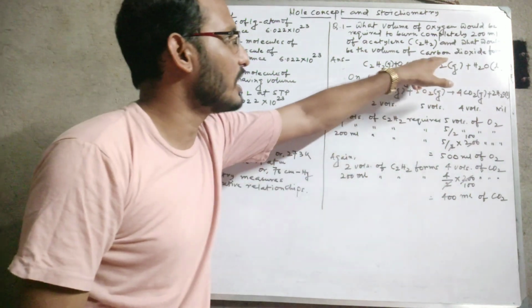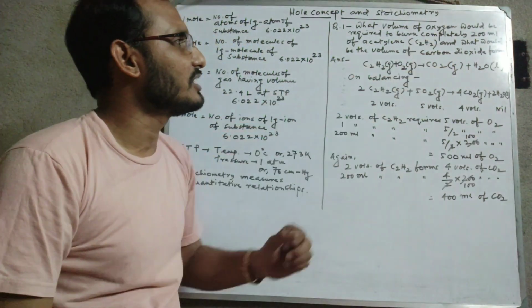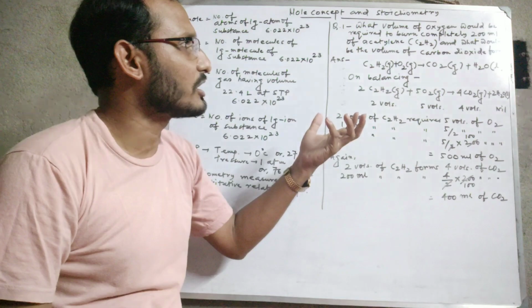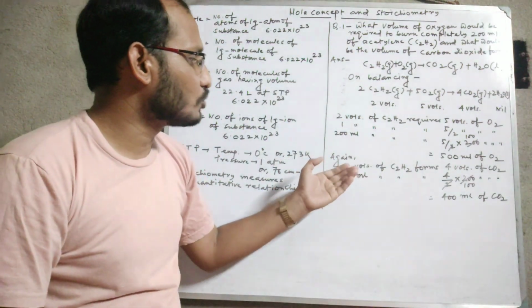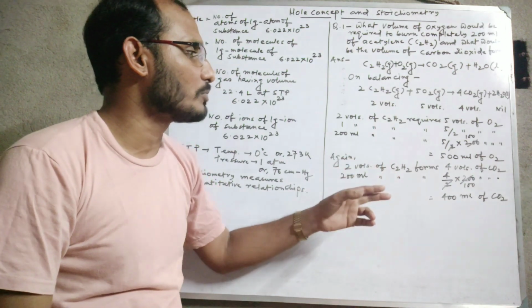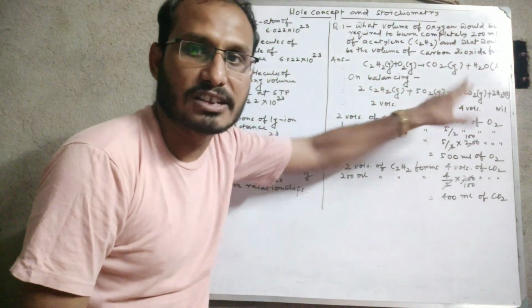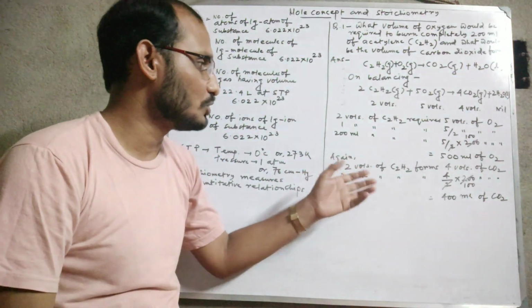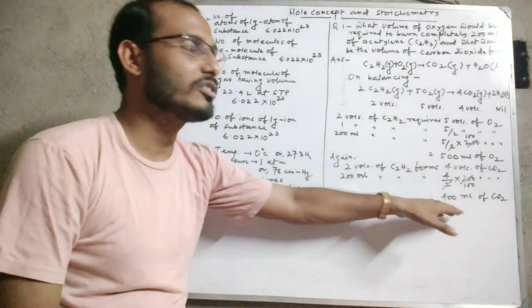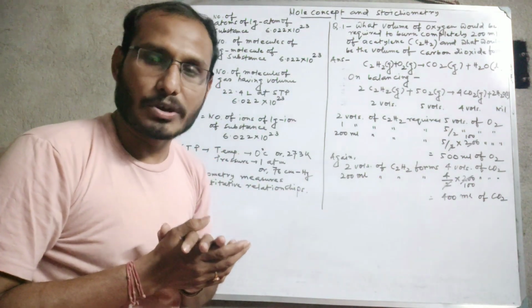Again, for the volume of carbon dioxide formed, 2 volumes of C2H2 form 4 volumes of carbon dioxide. So 200 ml of C2H2 forms 400 ml of CO2. This is the numerical.